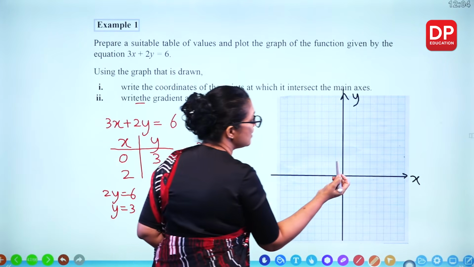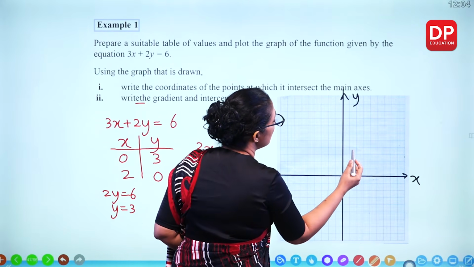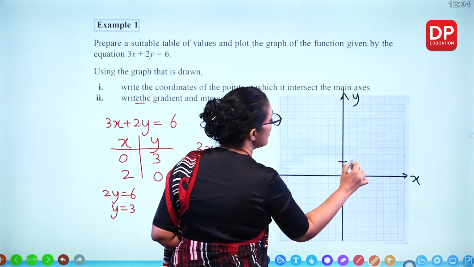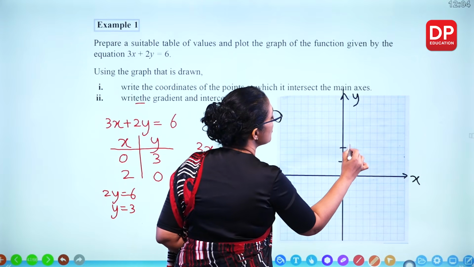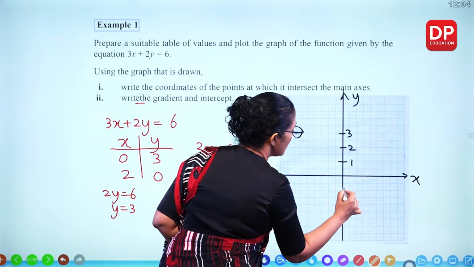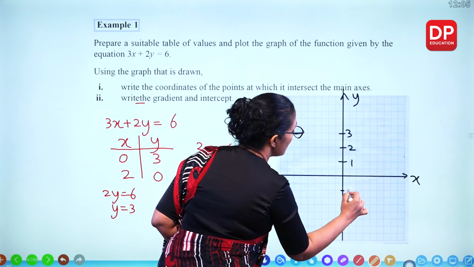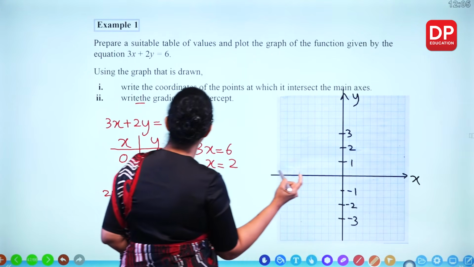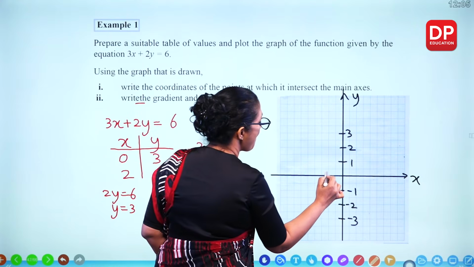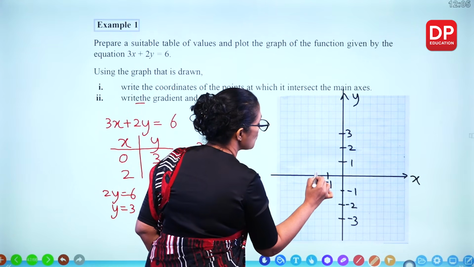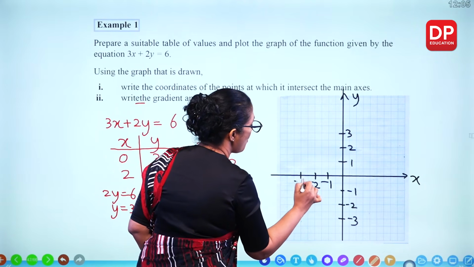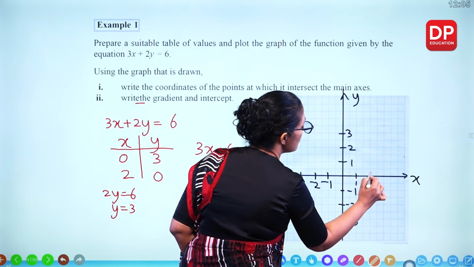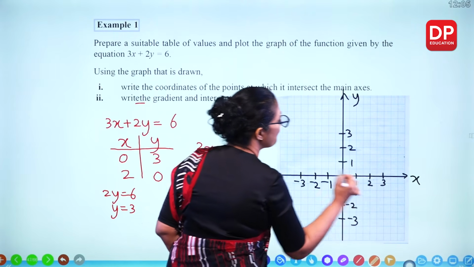You can take a scale like, we'll take 2 squares 1 unit, 1, 2, 3, minus 1, minus 2, minus 3. Here, minus 1, minus 2, minus 3, 1, 2, 3.